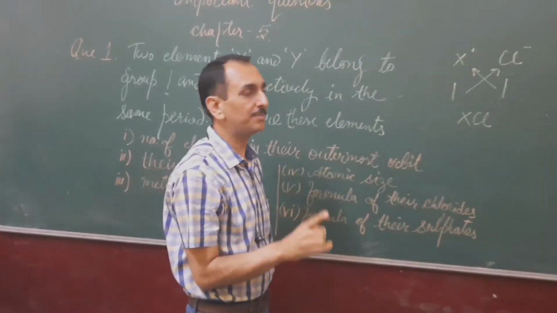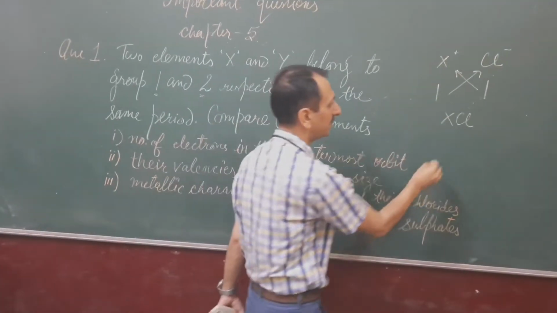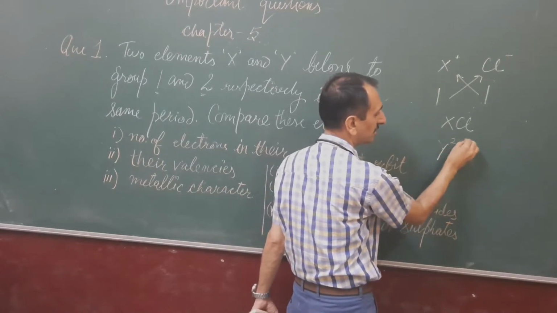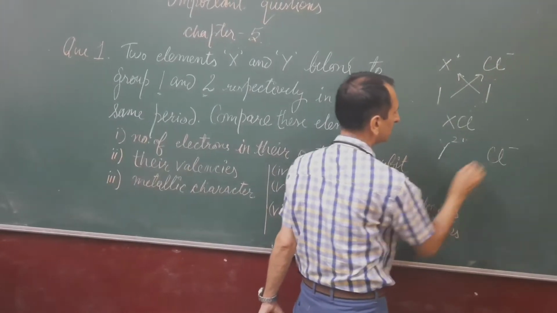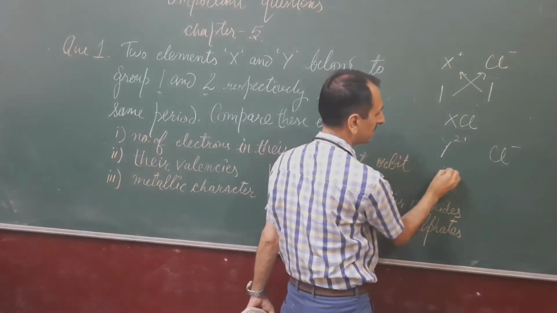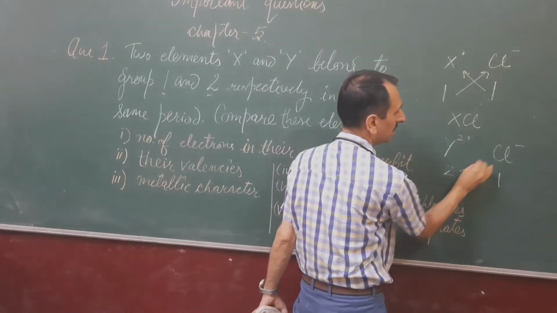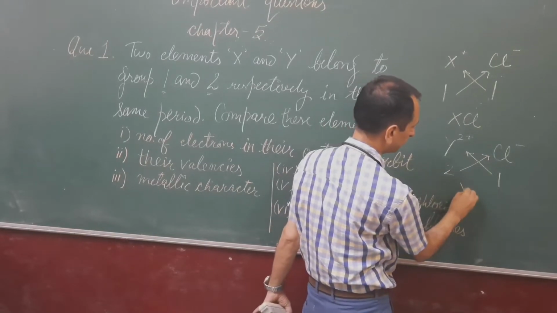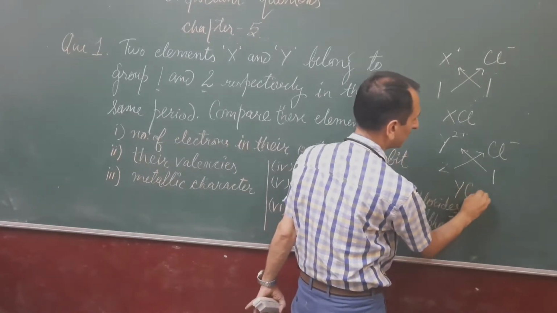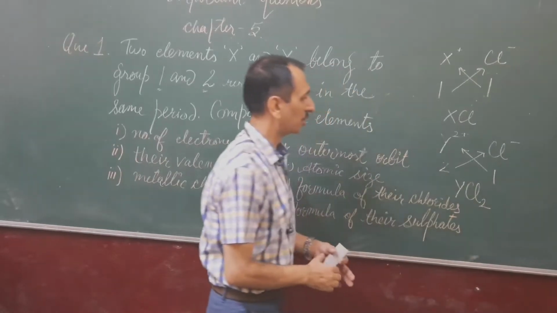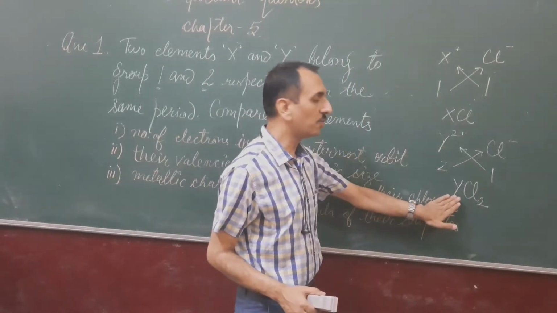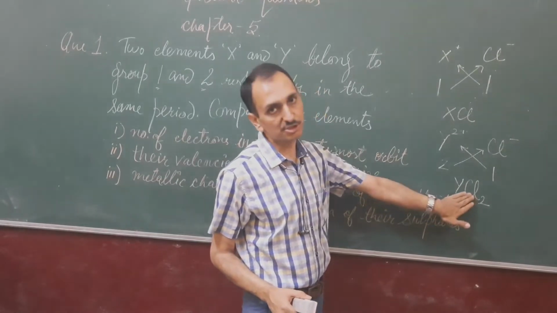Chloride of X will be XCl. Now Y, having 2 positive charge, chloride Cl negative, valency 2, chloride 1, crisscross. Formula will be YCl2. Chloride of X has formula XCl, chloride of Y has formula YCl2.